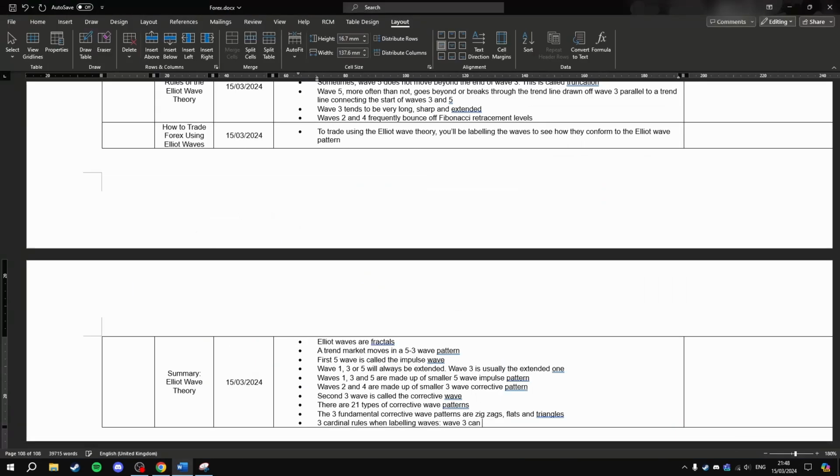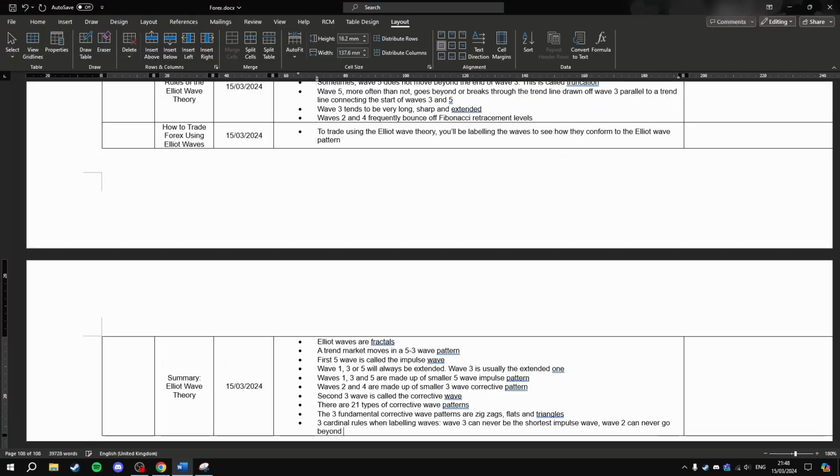Wave 3 can never be the shortest impulse wave. Wave 2 can never go beyond the start of wave 1.